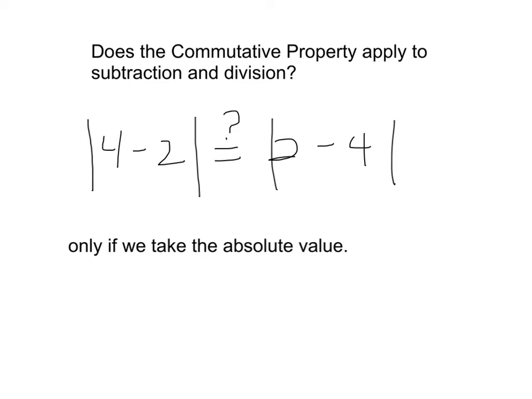What we could do if we wanted the commutative property to work for subtraction is put absolute value signs around what goes on either side of the equation. When we put absolute value signs there, whatever answer comes out, whether it's positive or negative, we write it as if it's positive. This will remind some of you of things you did in high school, and maybe even some of you were paying attention then.